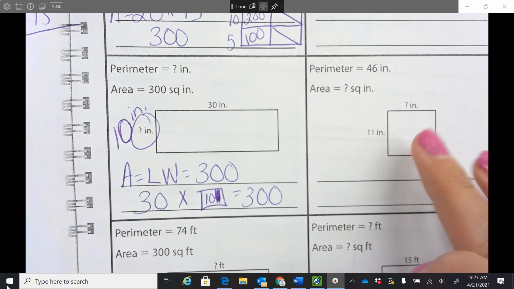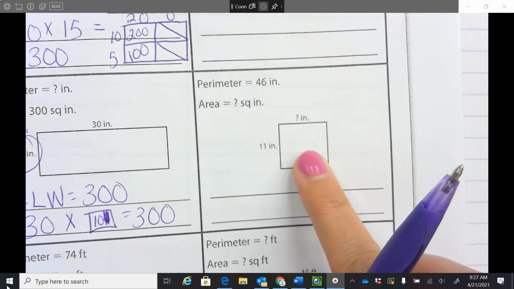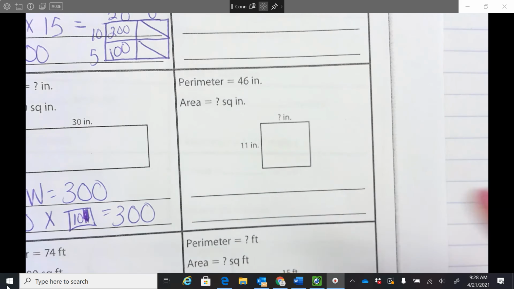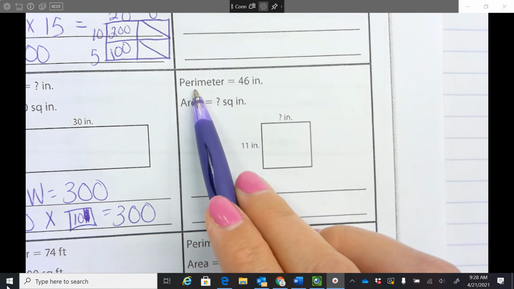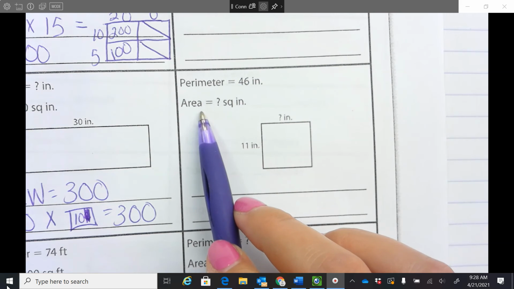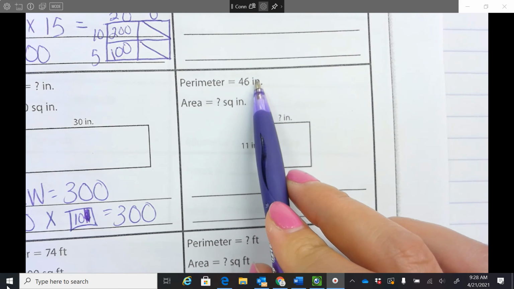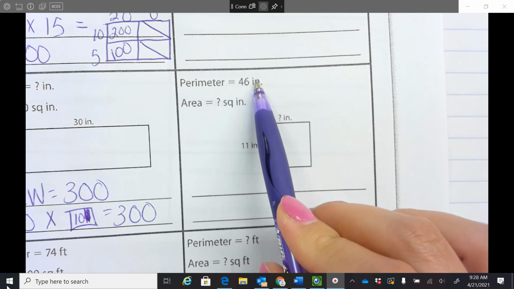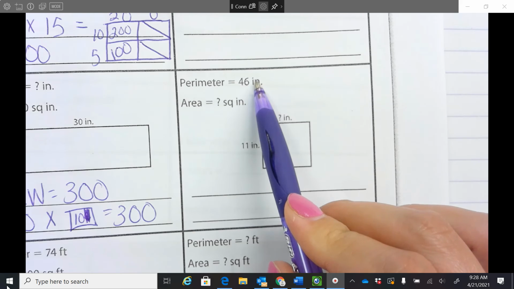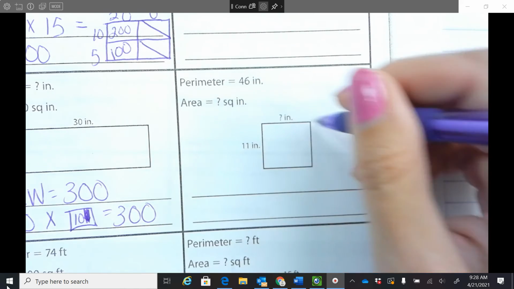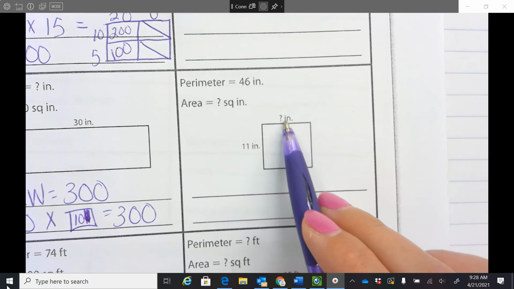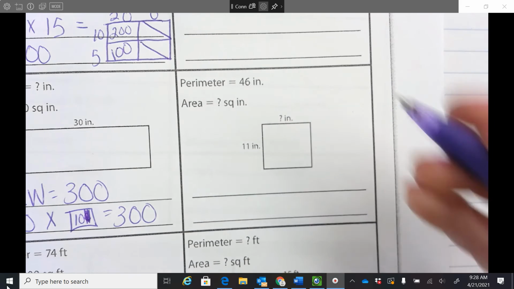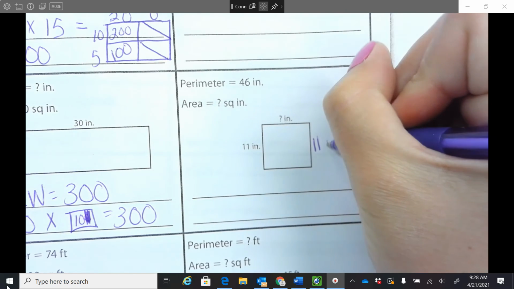Okay. Come over to this one. Which one is it giving us? Perimeter. Perimeter means what? The length of the outside. Yeah, the length all the way around the shape. We don't know this side, but we know that this side is going to be 11, right?